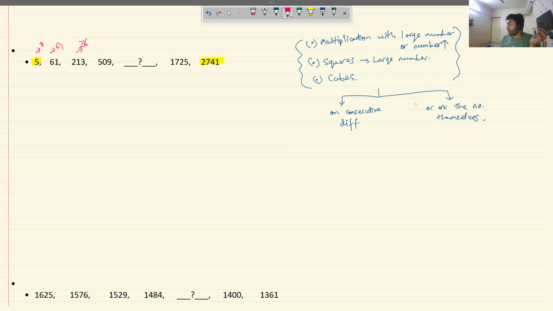So first I'll try with this option. If my logic holds, then well and good. No need to find the consecutive difference at all. If it doesn't work, then I will find the consecutive difference and see whether my consecutive differences themselves follow any pattern of cubes or squares. But in this case, I can see the numbers themselves are close to the cubes of certain numbers. So let's see somehow if we can get them or not.